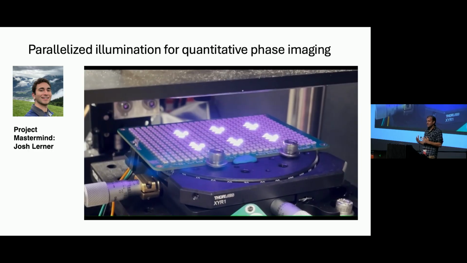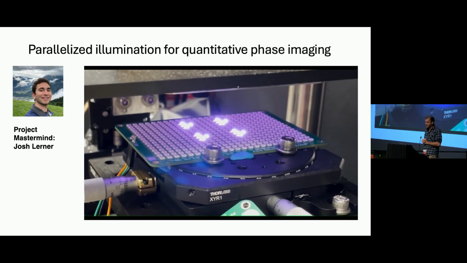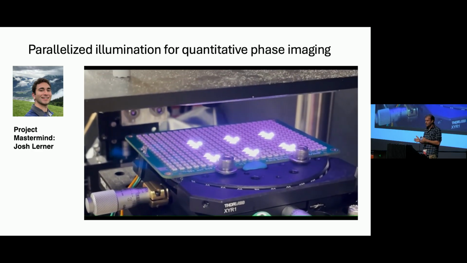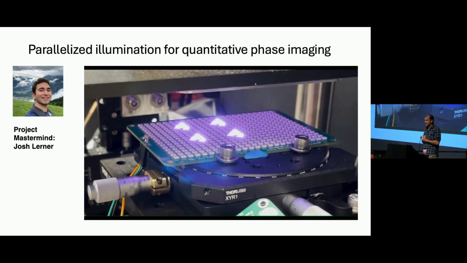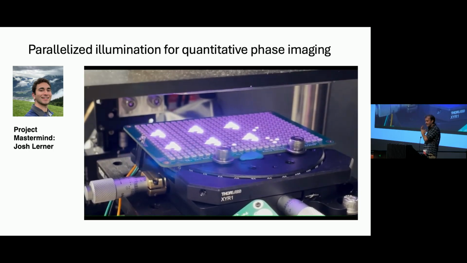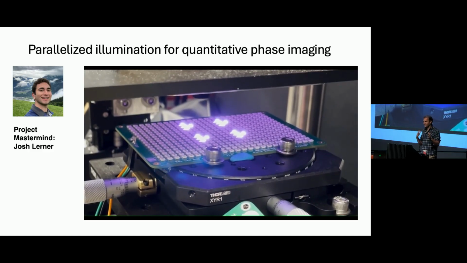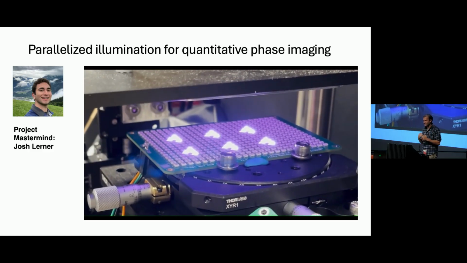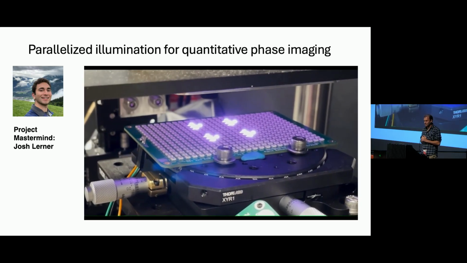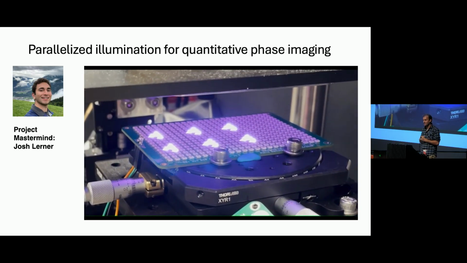We're also doing some quantitative phase imaging with our imaging system. So the way we're doing that is with illumination that allows us to capture images in different illumination conditions, I guess is the best way to say it, from our parallel microscope.